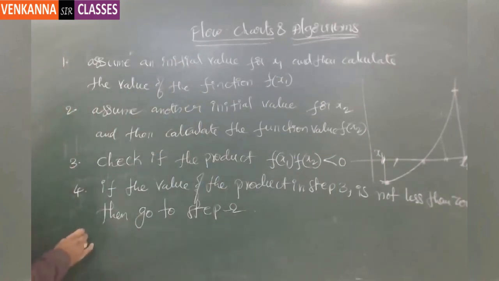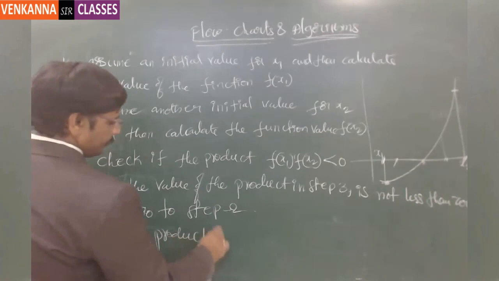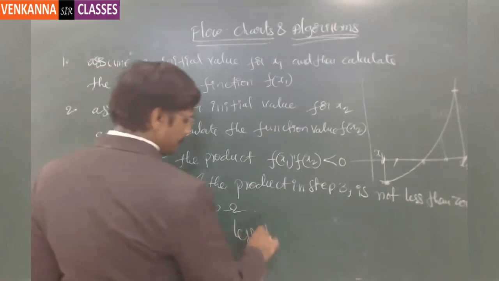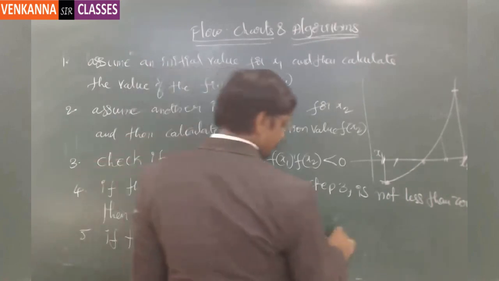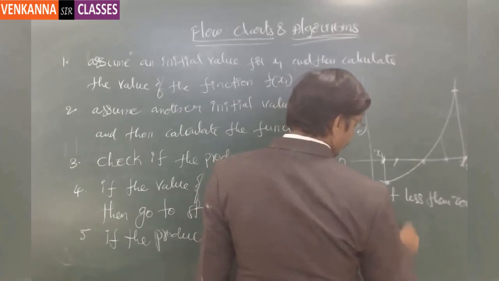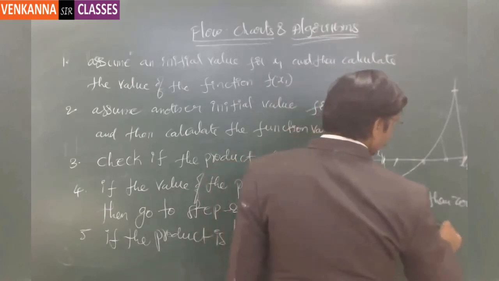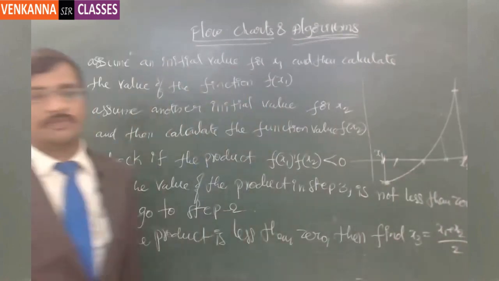So in the fifth step, if the product is less than 0, then find x3 is equal to x1 plus x2 by 2. So this value we need to be finding out.